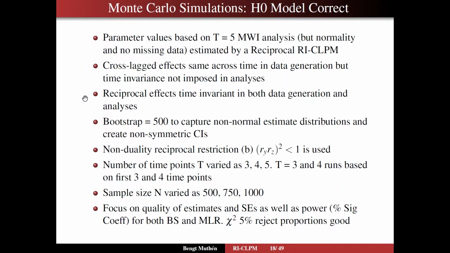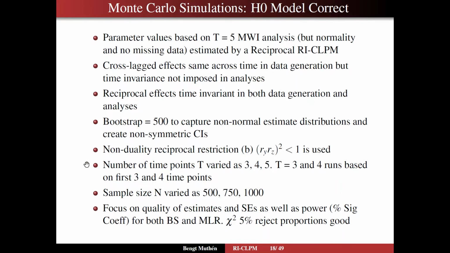The reciprocal effects are going to be time invariant in both data generation and analysis. I'm going to use bootstrap equals 500 draws to capture potentially non-normal distributions for the estimates and work with non-symmetric confidence intervals. I'm going to apply the non-duality reciprocal restriction, restriction B.